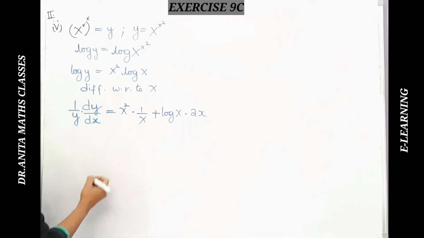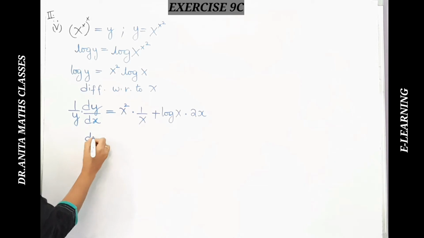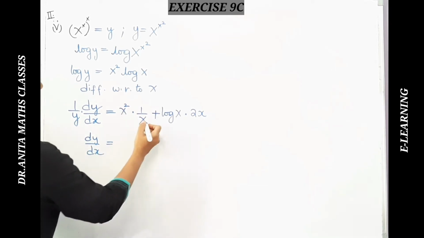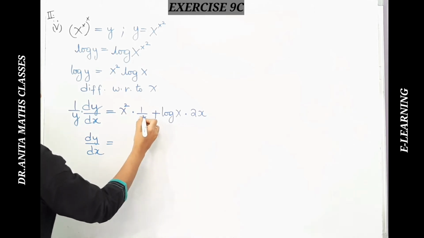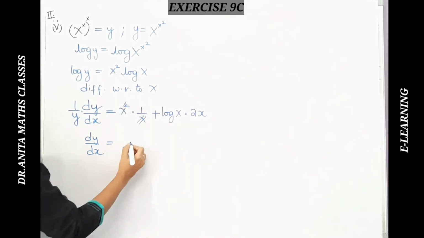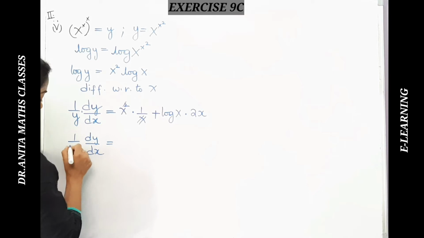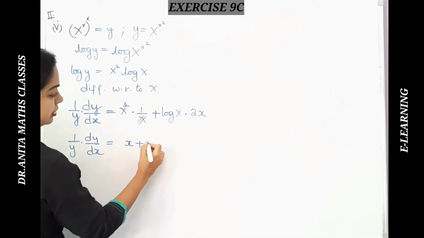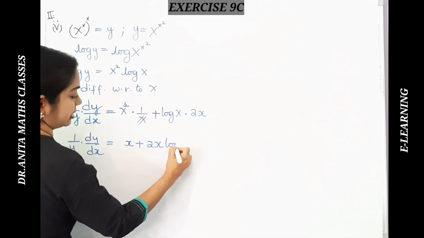Here we can cancel one x, so this comes to 1 by y dy by dx equals x plus 2x log x.